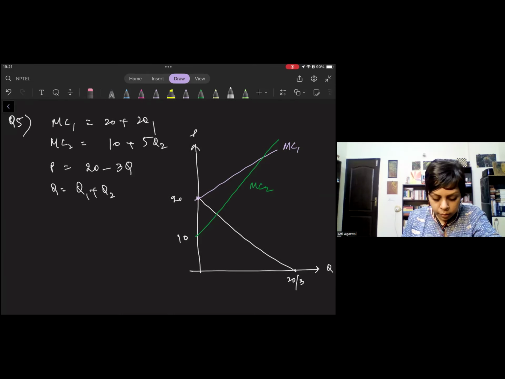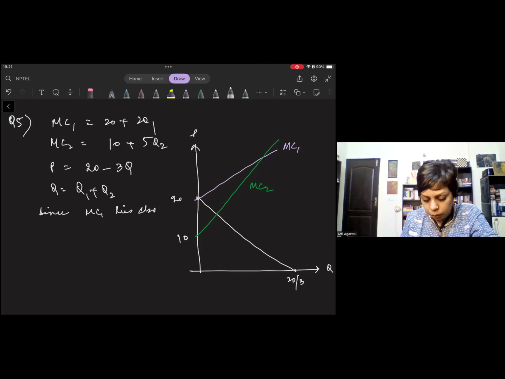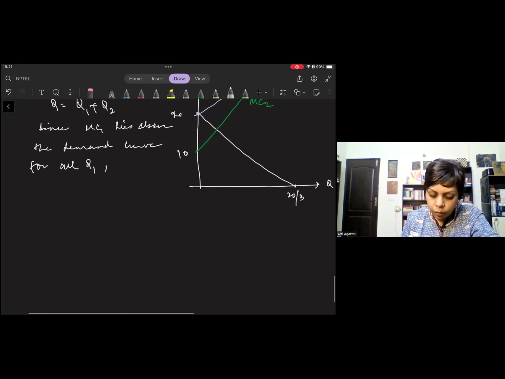Since it lies above the demand curve for all values of Q1, it cannot produce given the market demand.